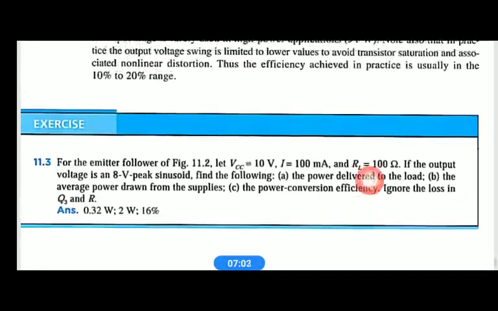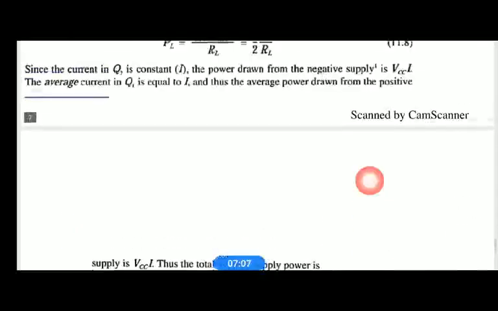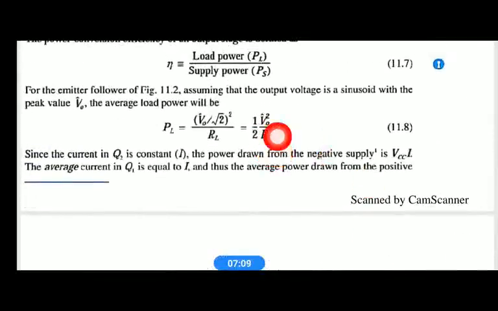First calculate PL. V naught is 8 and RL is 100 ohm.